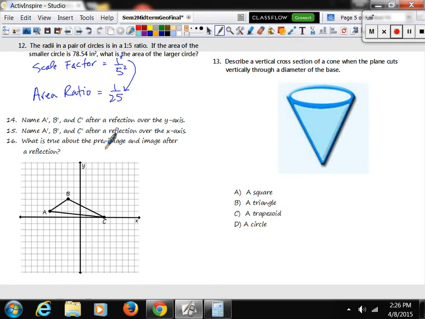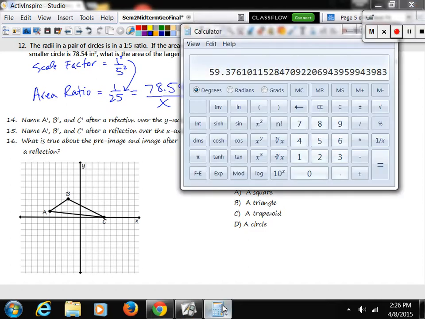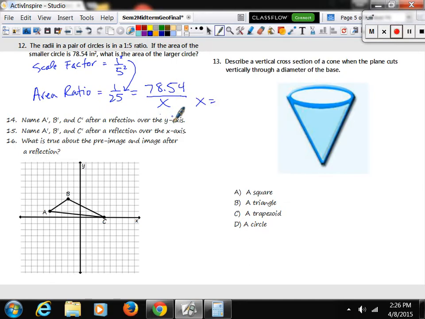So if you get a 1 to 5 ratio, your areas are going to be 1 to 25 ratio. So if I've got a 78.54, I need to know what that's going to be on the bottom if the area ratio is 1 to 25. So your x is going to equal 25 times 78.54. And you get about 1963.5.